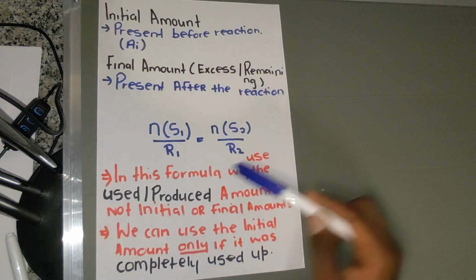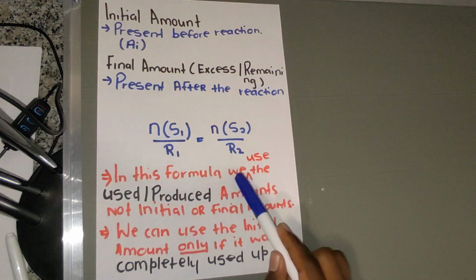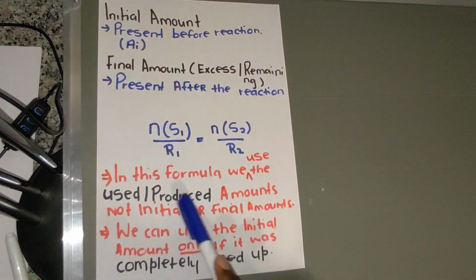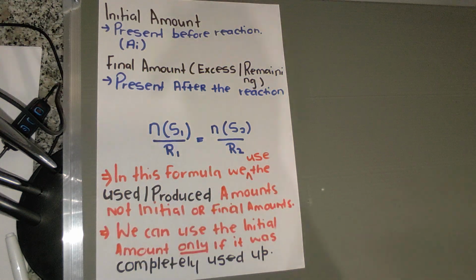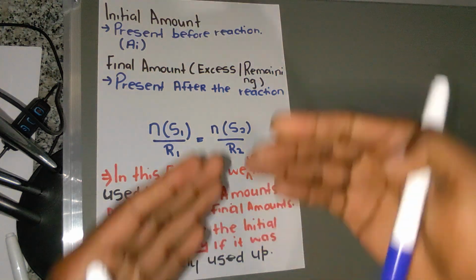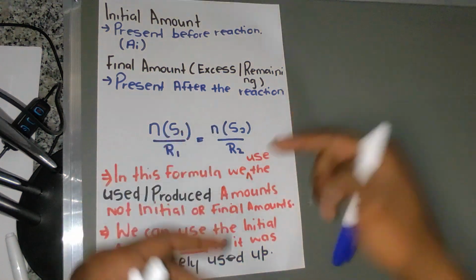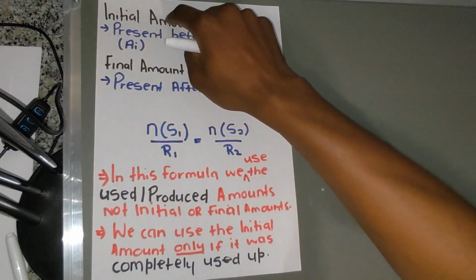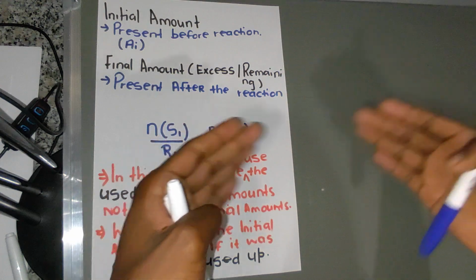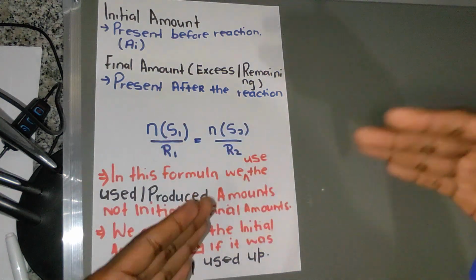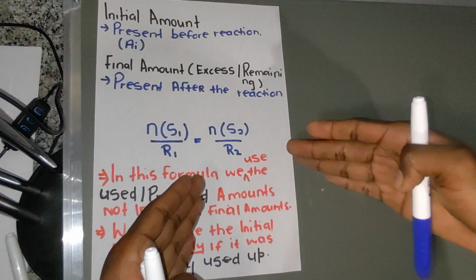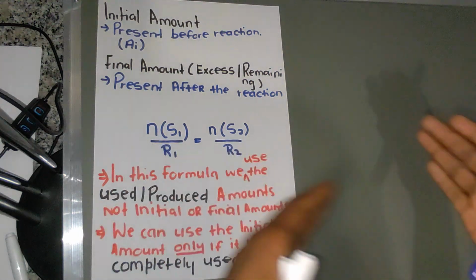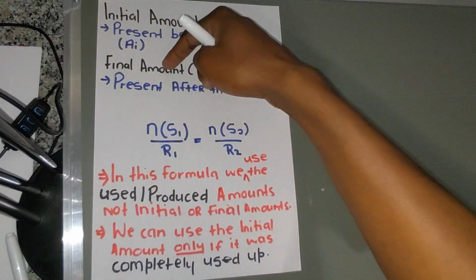Let us read this first line. In this formula, we use the used or produced amounts. Only the amounts that are labeled used or produced can be used in this formula. Let us say you have a question that begins like, initially 3 moles of hydrogen and 4 moles of oxygen are present. Those are initial amounts.